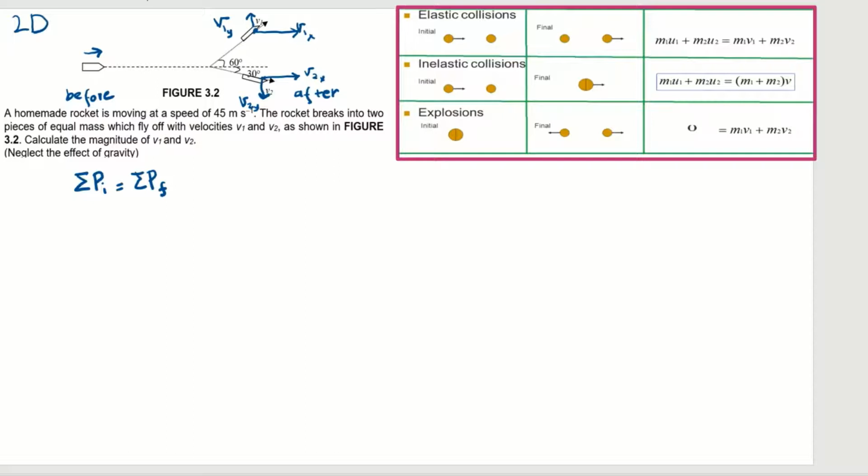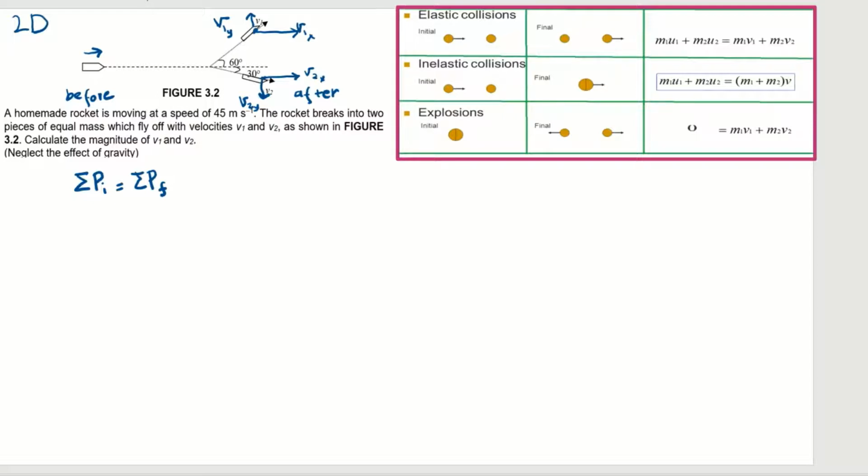So you can see resolving the vector into x and y components. Before collision you have only an x component, after collision you have x and y components.